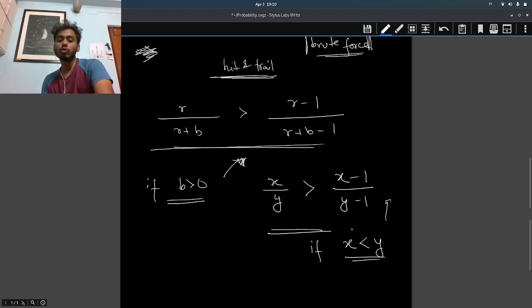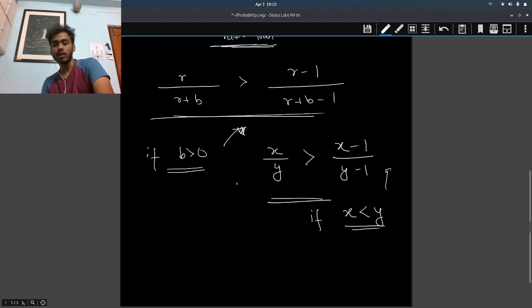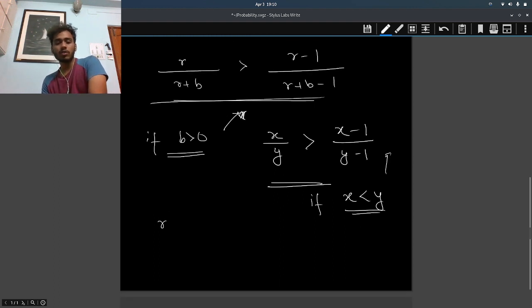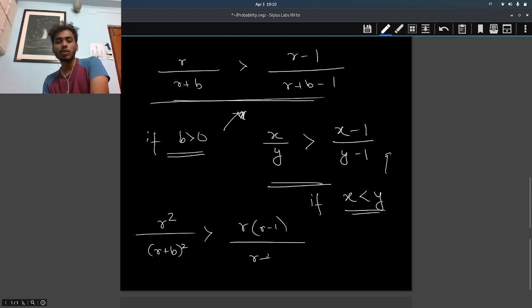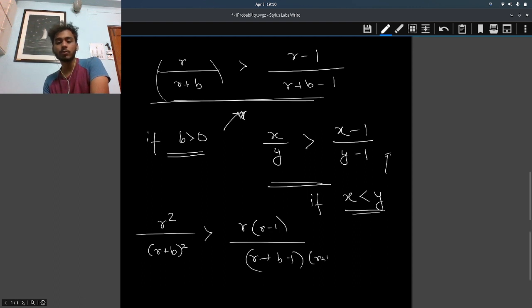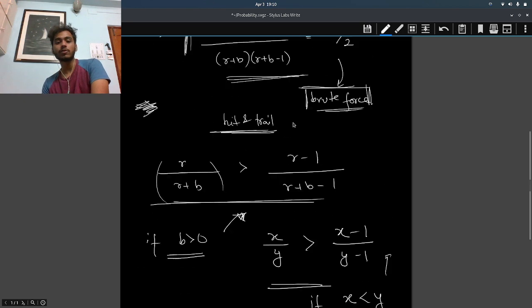You can just prove it by cross multiplying, and you will easily understand why this is the case. So you will get r squared by (r plus b) whole squared is greater than r into (r minus 1) by (r plus b) into (r plus b minus 1), which is half, obviously, which is given in the question.